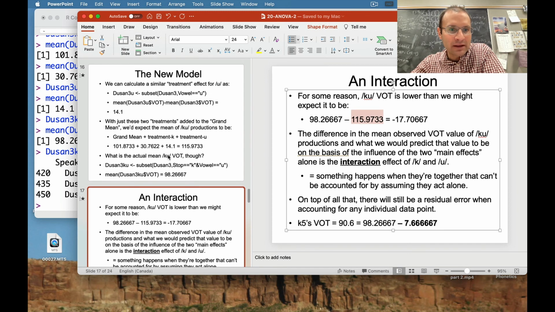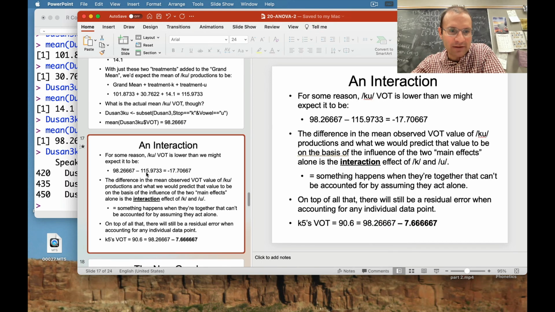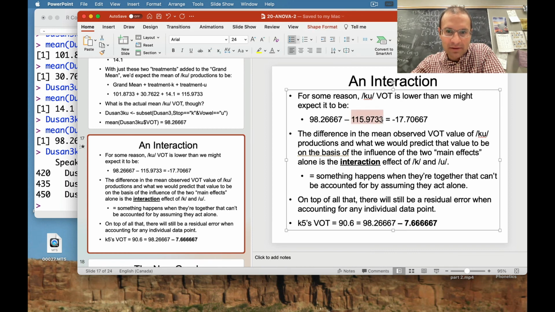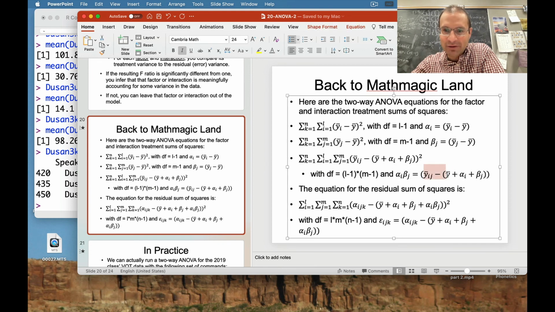So that would be this combination here, the grand mean plus the individual treatment effects for the first factor and the second factor. So you take this combined mean, subtract from that the effects of the grand mean and the main effects, and then you get the interaction treatment, which in this case is negative 17.7. But that's all that this scary looking mathematical stuff is saying right here. We're going to consider that to be alpha sub i, beta sub j.